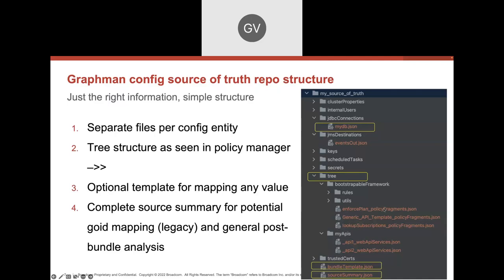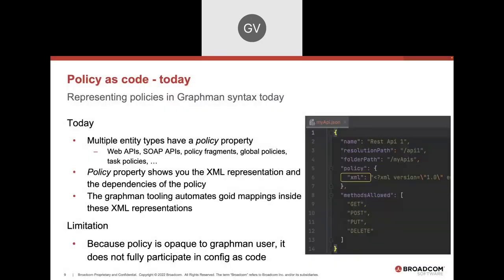But the overall file folder structure is this, and it's going to be easy to read and easy to understand. In terms of configuration, it covers everything on an API, from cluster-wide properties to the metadata of policies and services themselves.